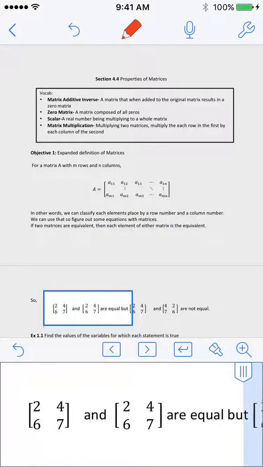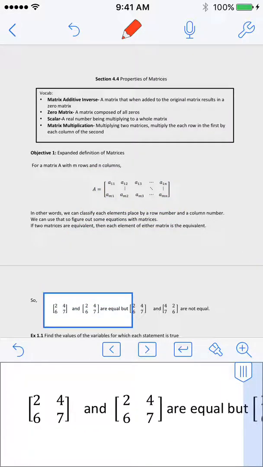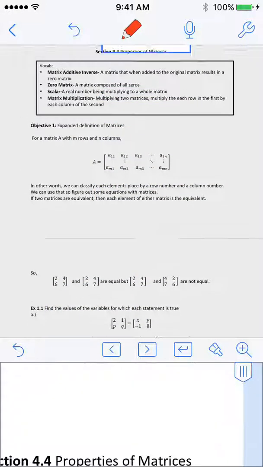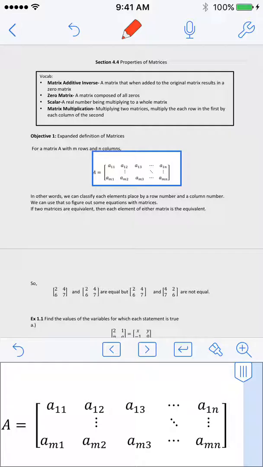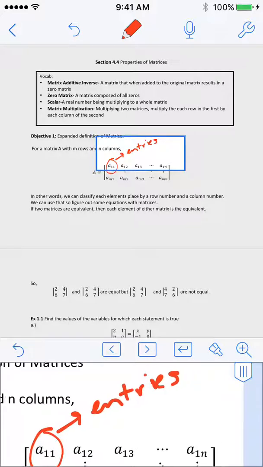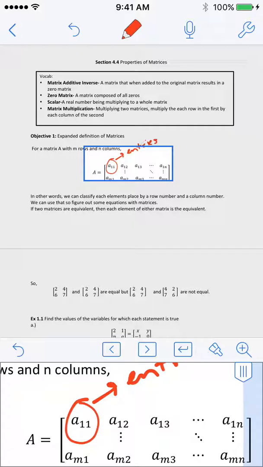More often you'll see something like this, where it's a 2 by 2, 2 rows, 2 columns. You might see something like a 1 by 3, things like that. So you can have matrices of any size. We call these things entries. An entry is a number within a matrix, right?